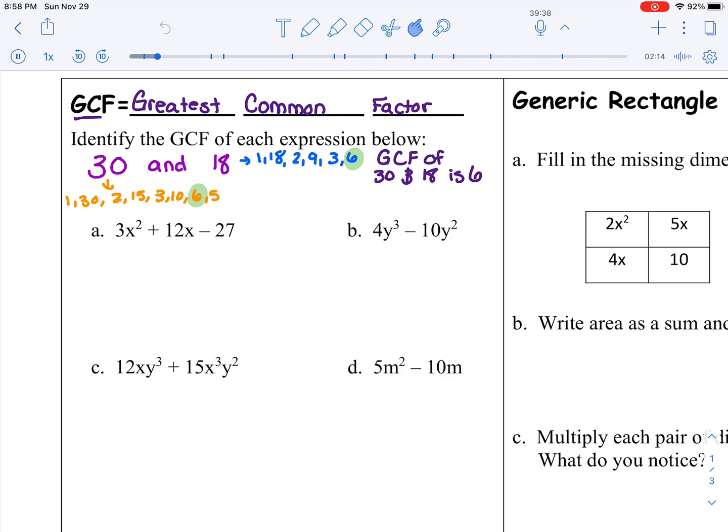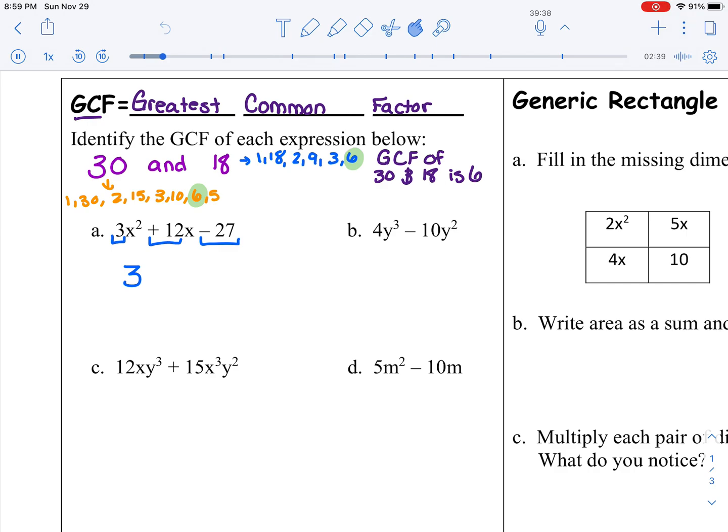Now the first thing I do is I check each of the numbers. 3, positive 12, negative 27. My greatest common factor, or the largest number that evenly divides into 3, 12, and negative 27, is 3.